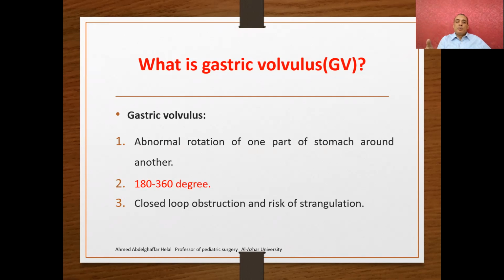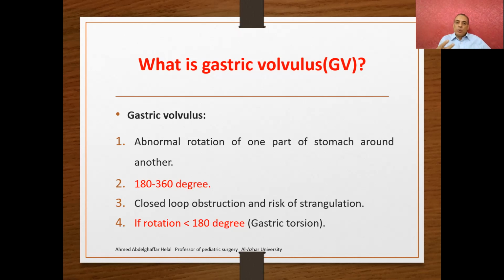So these closed loop obstructions may end with strangulation of this part of the gut, and finally perforation. However, if the rotation of the stomach is less than 180 degrees, it is called gastric torsion.